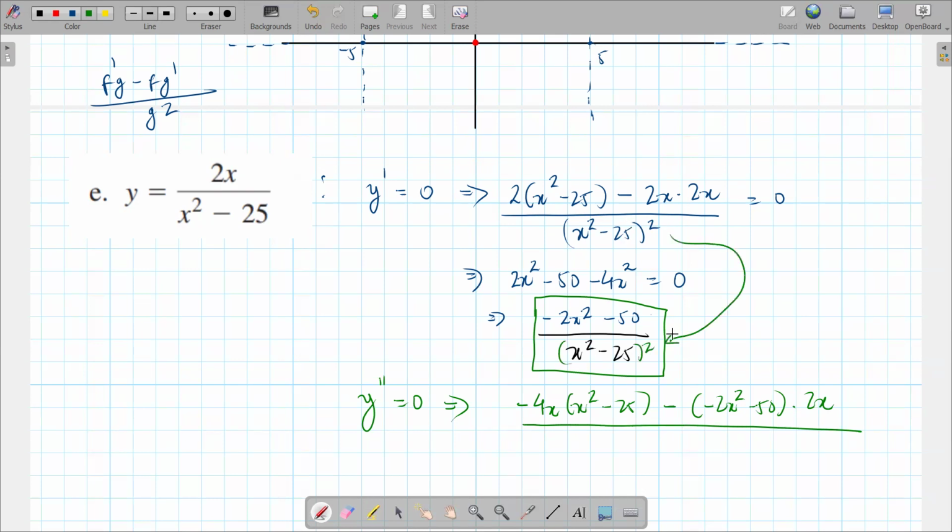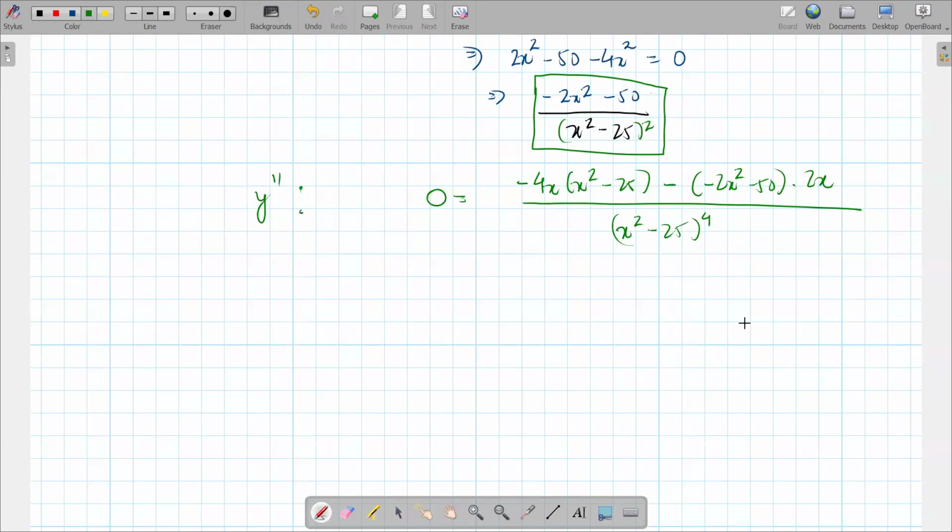All over that denominator squared. Now remember, a squared squared is a to the 4. The exponents multiply. So we already have a squared term here. When we further square this, this becomes x squared minus 25 to the power of 4. And we're going to set this equal to 0. So this is for y double prime.